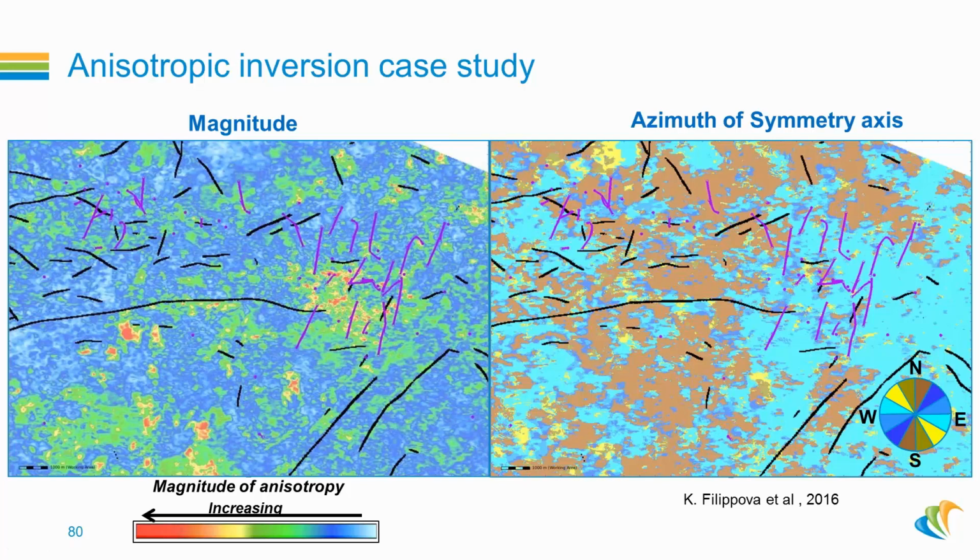Or for example, for this case, we have this north-south here as the symmetry axis azimuth, but the fault axis is parallel to what has been estimated as the azimuth of the anisotropy, which is 90 degrees to the azimuth of the symmetry axis anyway.